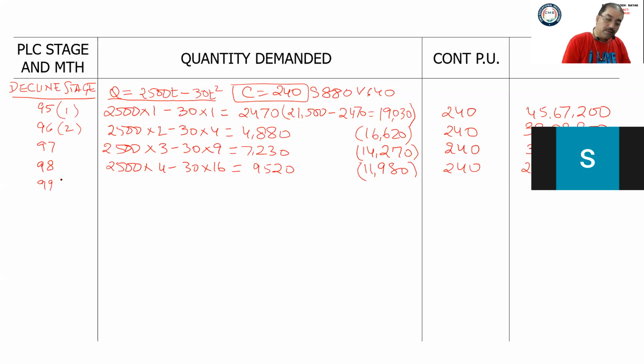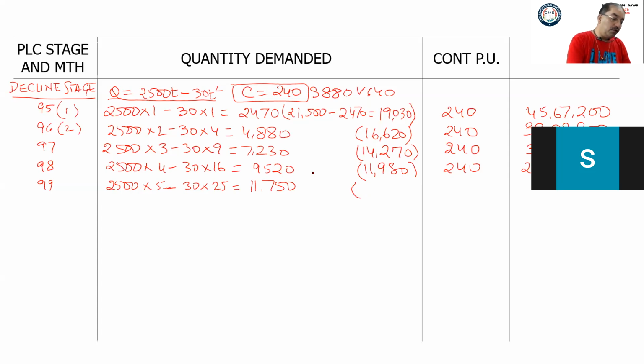Month number 99. For him, it is month number 5. Minus 30 into 25. 11,750. Minus 21,500. 9,250.